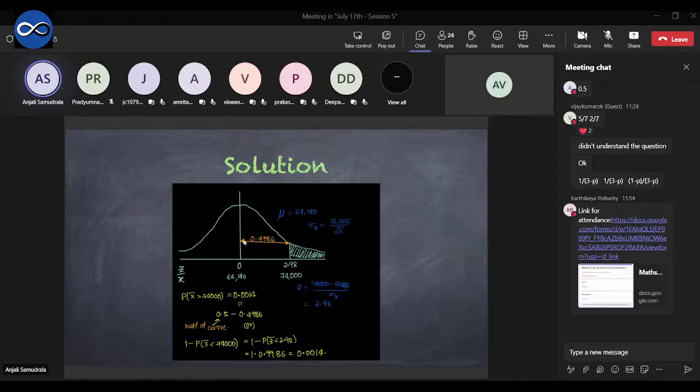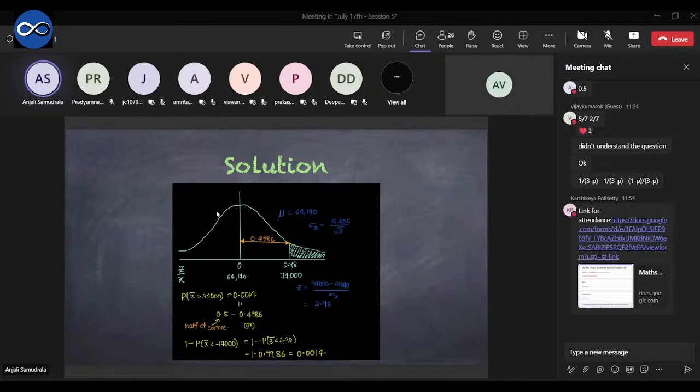So 74,000 minus 64,140, which is the mean, divided by sigma x, which is sigma by root 31. This value is 2.98.